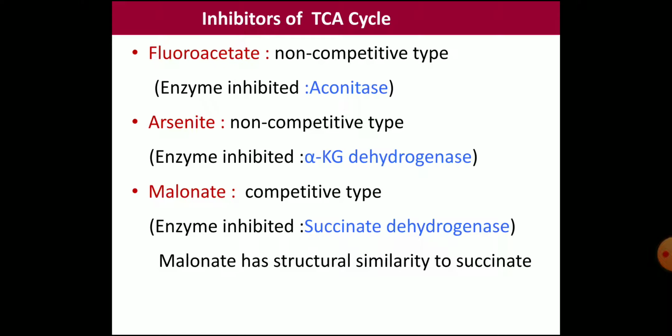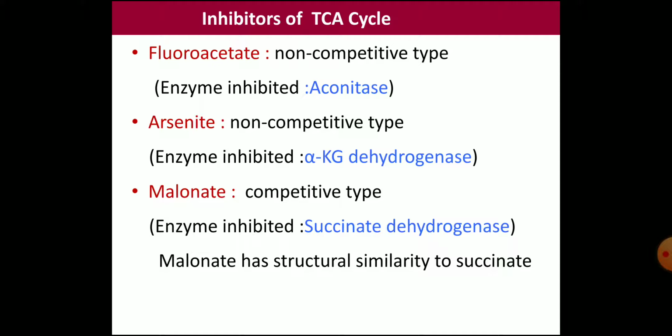Then, of course, malonate, you are familiar with malonate. Usually you write it as the example of competitive inhibition, the inhibitor of succinate dehydrogenase. Malonate inhibits succinate dehydrogenase because malonate has structural similarity to succinate in the succinate to fumarate reaction.